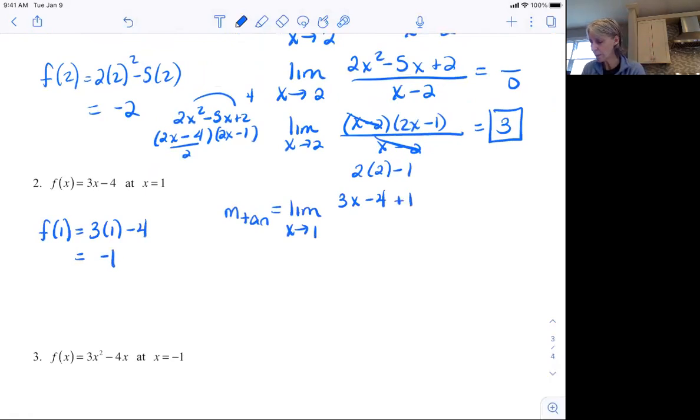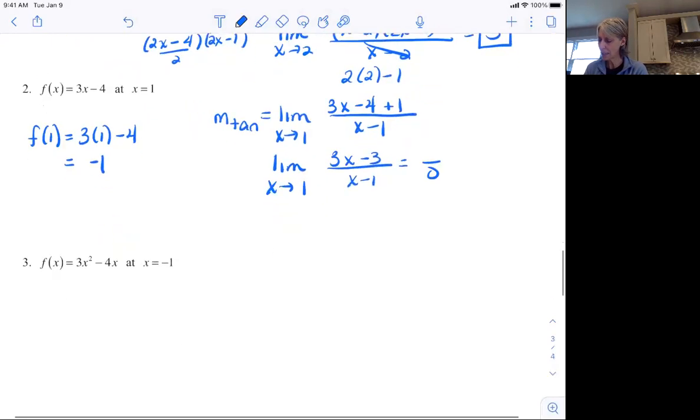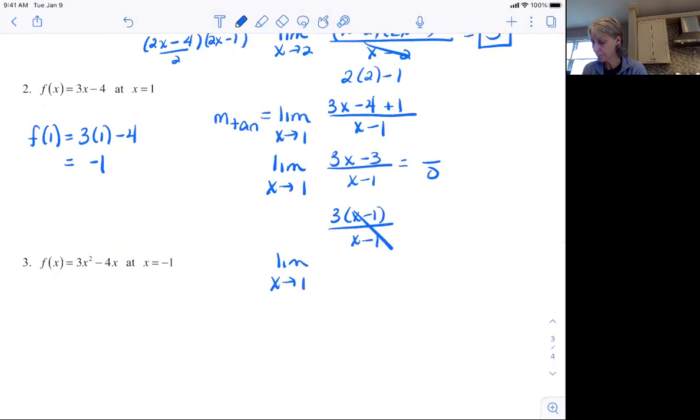We're just going to add 1. 3x minus 4 plus 1 is going to be 3x minus 3. When I plug in 1 for x, I get a 0 in the denominator. Go back up, factor, reevaluate this limit, and we get 3 as our answer.